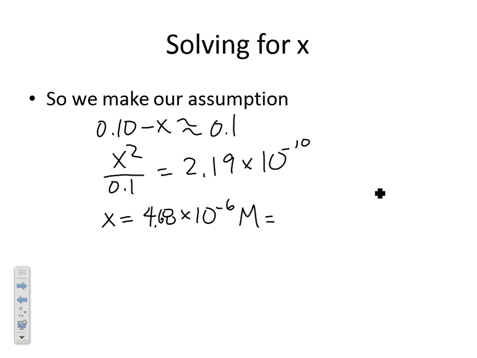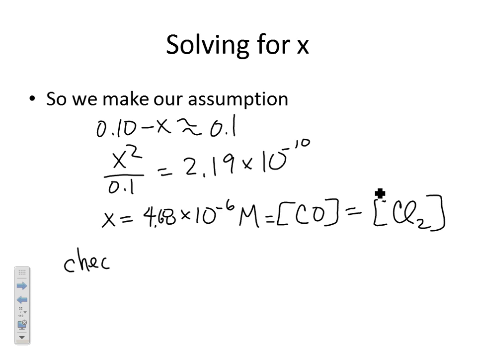Now looking back at our ICE chart, and you do need to look back at that, x in the ICE chart represented the concentrations of CO and the concentrations of Cl2, and that's what the problem was asking for. So by solving for x, we have in fact answered the problem. But remember, you need to check your assumption.